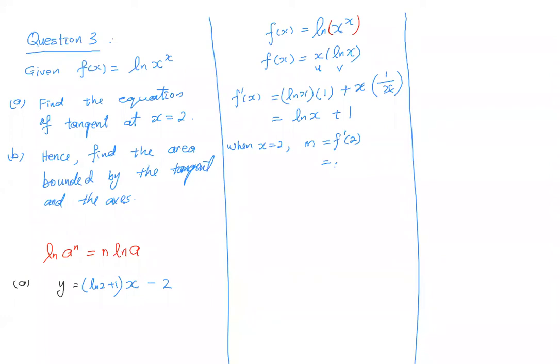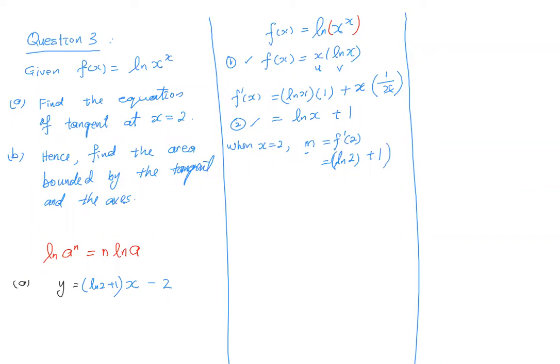I want the gradient. Sub into which one? There are two places you can sub in. You can sub in here or sub in here. So which one, number 1 or number 2? Number 2. Okay, tell me. So ln 2 plus 1. So this one cannot be simplified, correct? Yes, that's the gradient. So the gradient can be an expression.